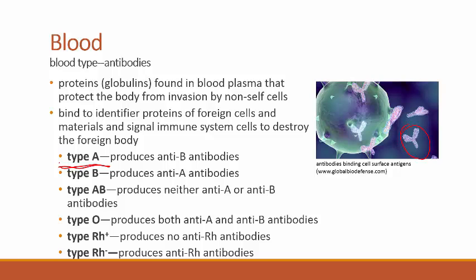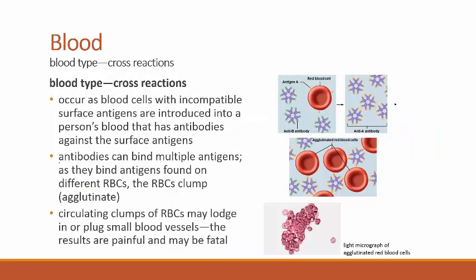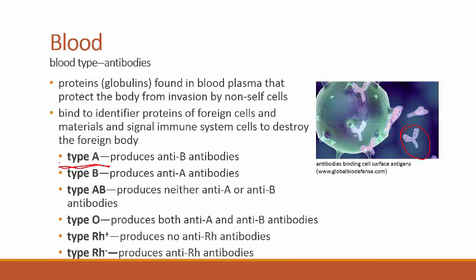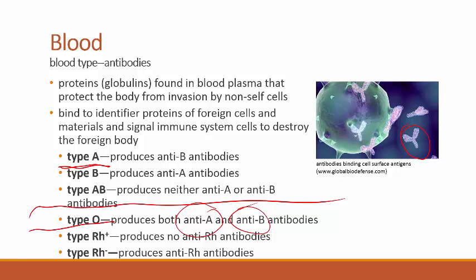If a person is type AB, we would expect that they have neither anti-A nor anti-B. A person who's type O, because they don't have any of the antigens, is going to have anti-A and anti-B antibodies. Okay, so that's for the ABO group, everything above the second line there.